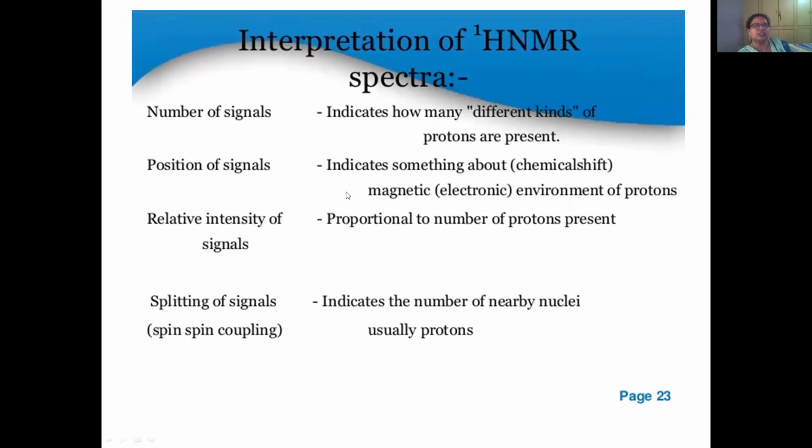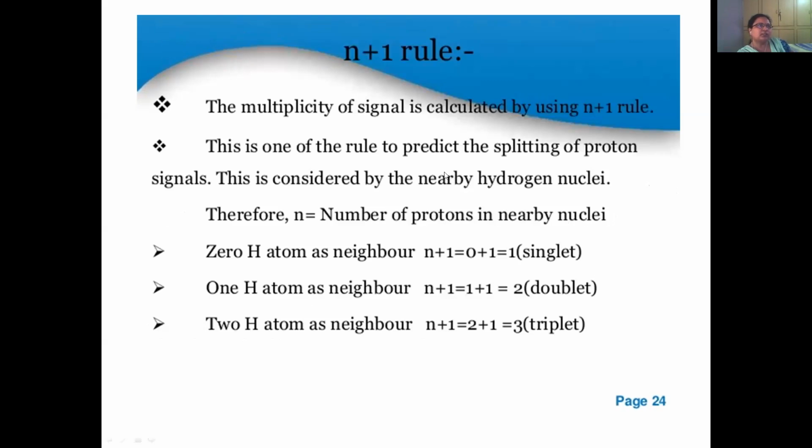Then the position of signals depends on the chemical shift value. The relative intensity of the signals is proportional to the number of protons present. Then the splitting of signals depends on the nearby nuclei, usually protons, and how many protons there are. That is the n plus 1 rule.